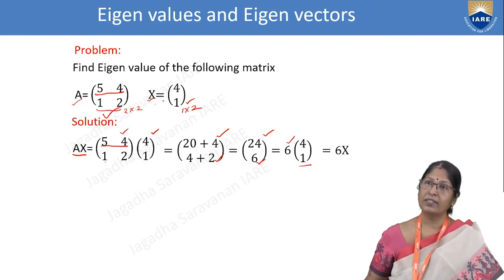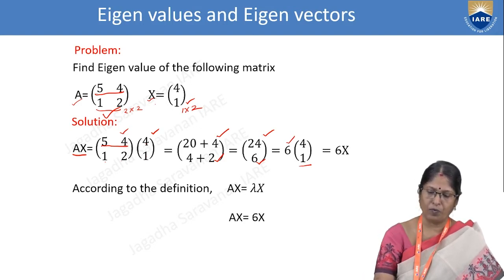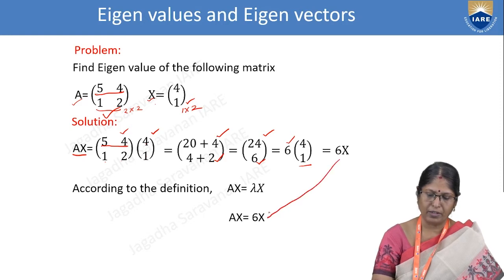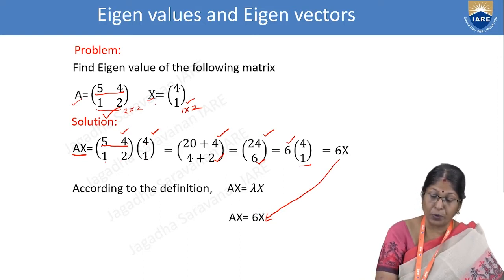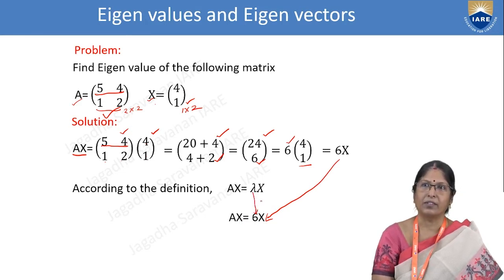So 6X. According to the definition, AX equal to what? Lambda X. Now AX equal to 6X. Comparing both, lambda equal to 6.